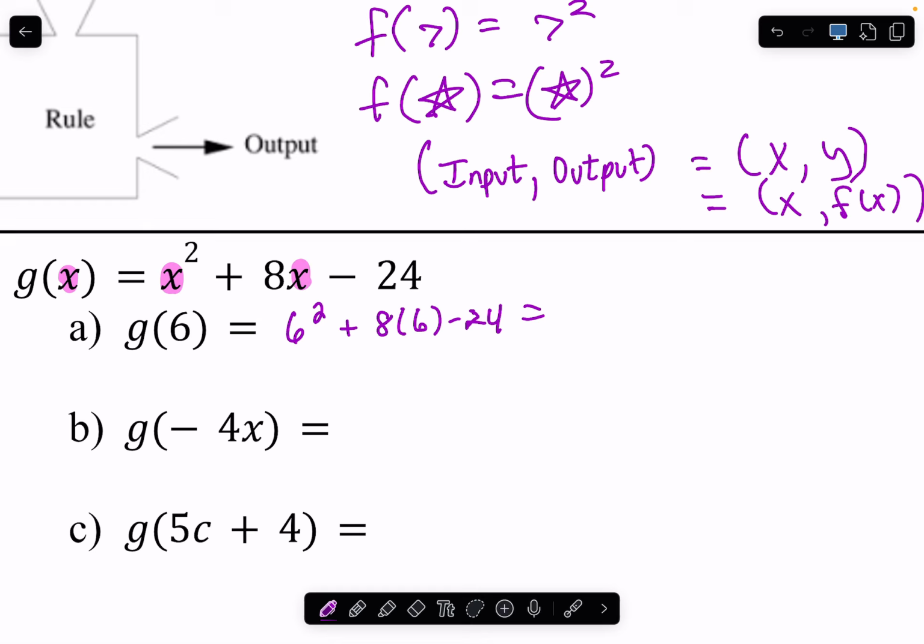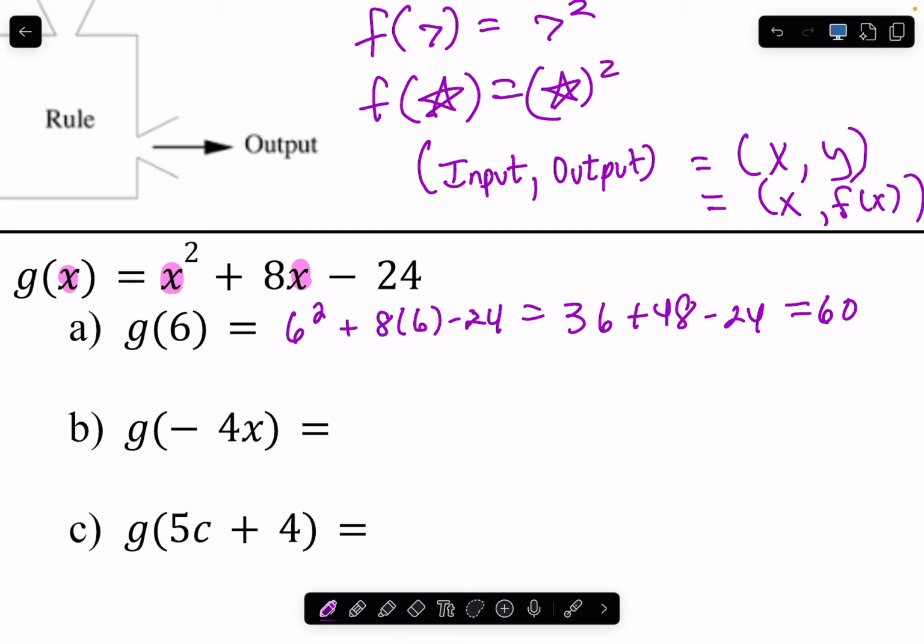So we're going to do the power, followed by the multiplication, and then we have addition and subtraction only, which you can do from left to right. So that gives us 60.